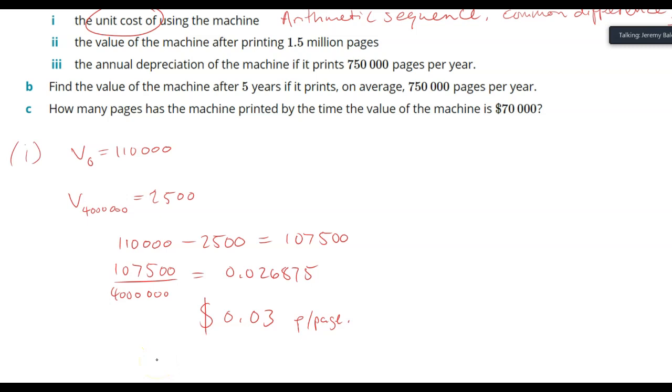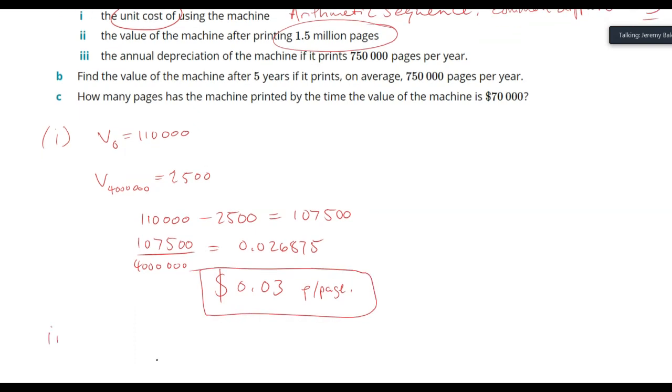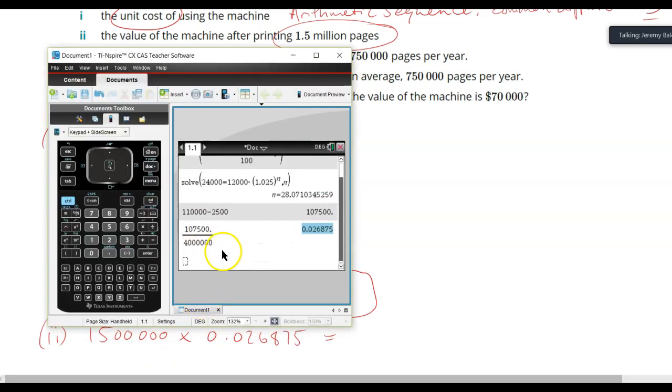For part 2, they want the machine value after 1.5 million pages. So now we've got the unit cost depreciation, we can do that pretty easily. So you're going to get your 1.5 million, so that's 1500 and then 3 more zeros, times, I'm going to use the original decimal to make it more accurate, 0.026875, and that will give me the total that it's gone down by.